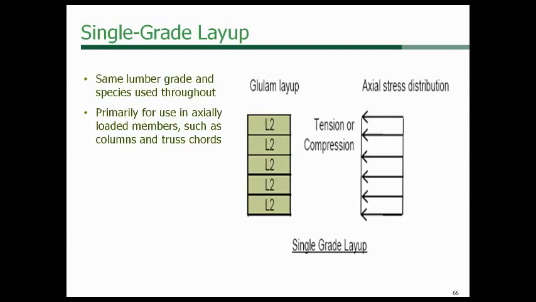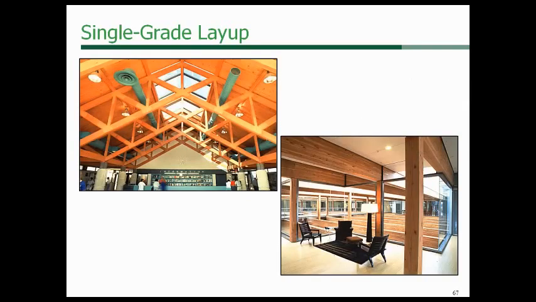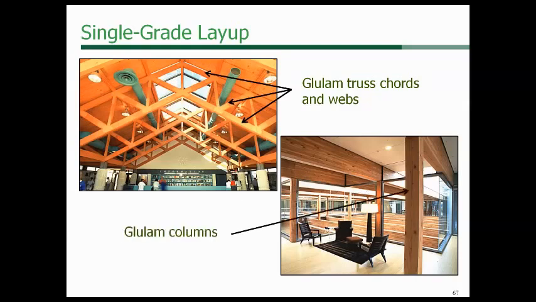So this is common in glulam columns and also glulam truss chords, and you can see we've got some pictures here. This is a pretty large beam that has glulam truss chords and webs, and we've got some glulam columns in the picture on the bottom right as well. So these would be instances where you would use a single species layup and a single grade.